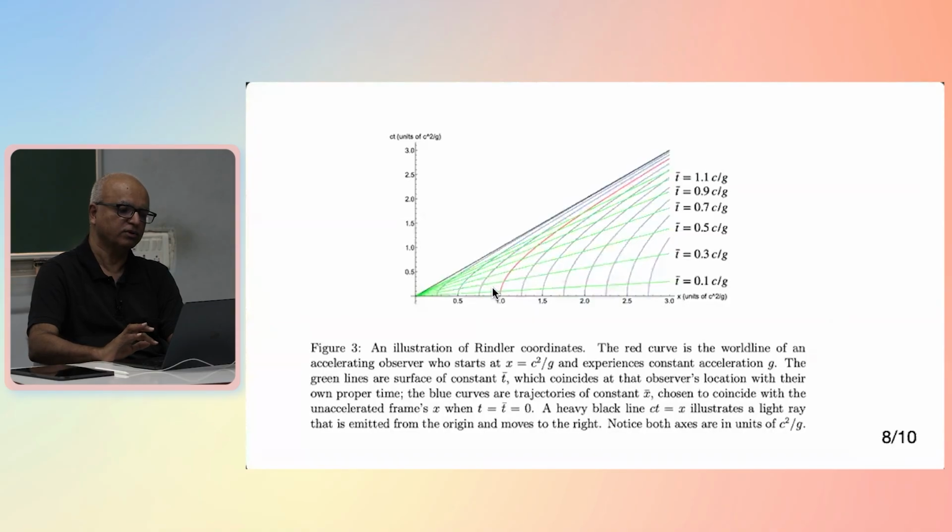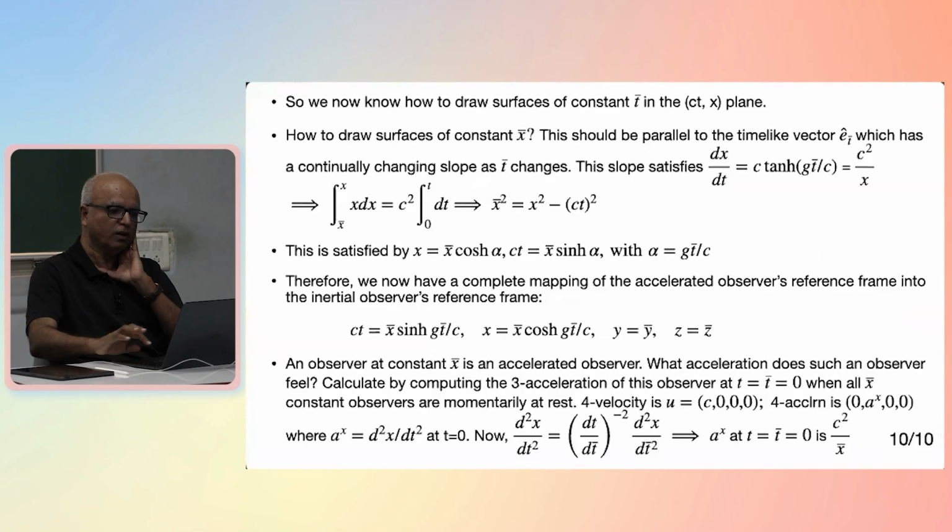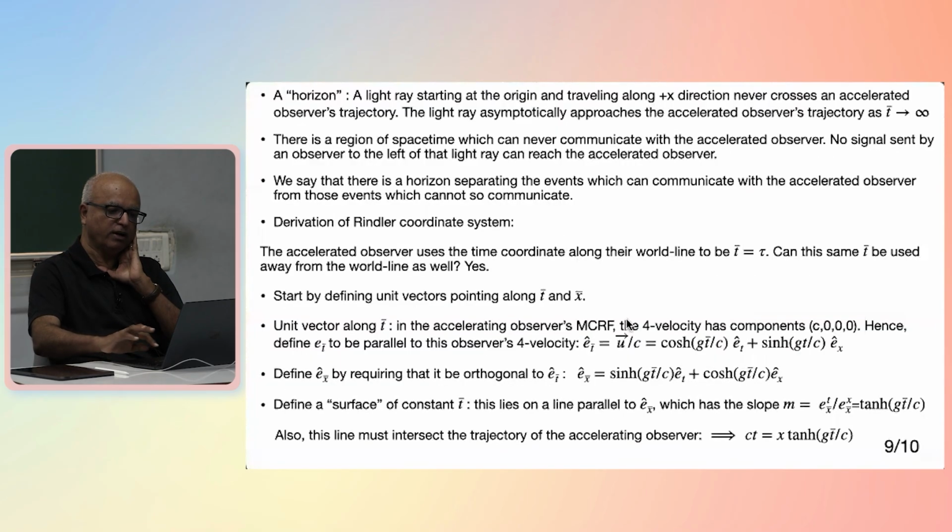Okay. So, the trajectories are surfaces of constant x bar. So, along a trajectory x bar is constant. These are different constant values of x bar, in units of c square by g. Yeah. And t bar and t are related like this.